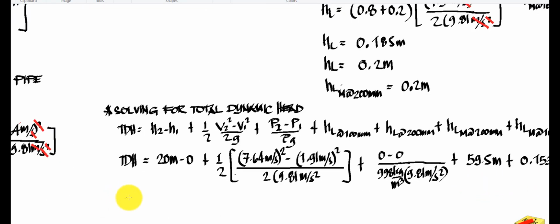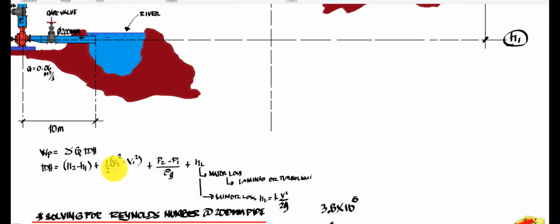So simplifying our equation here, we now have the total dynamic head equal to 20 meters plus the value of this as a whole. I'm going to correct this one. This is already with 2g, 2 times g, so correcting that one.